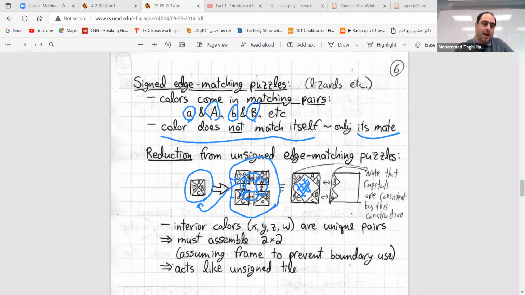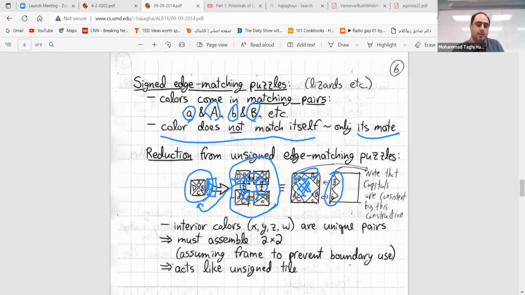Now, instead of B, we have just this color BB, and instead of A, we have this color. In the unsigned one, we had the condition that B should be matched with B. Here, instead of B matching with B, the non-capital B should match with its capital pair.